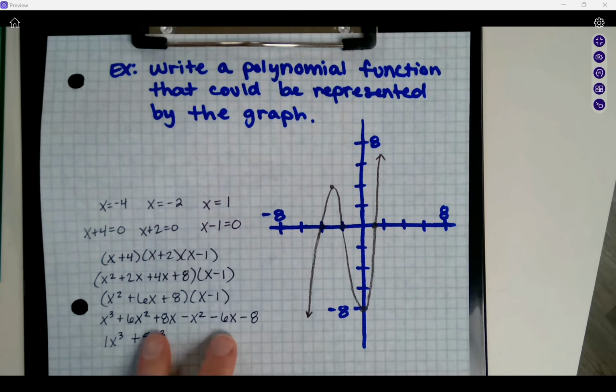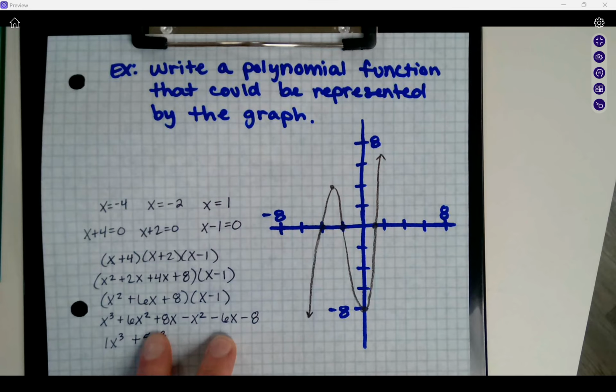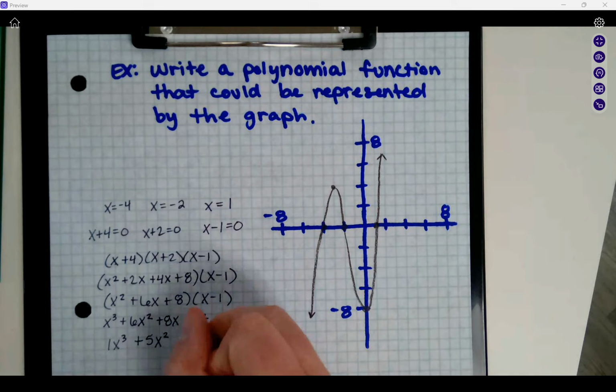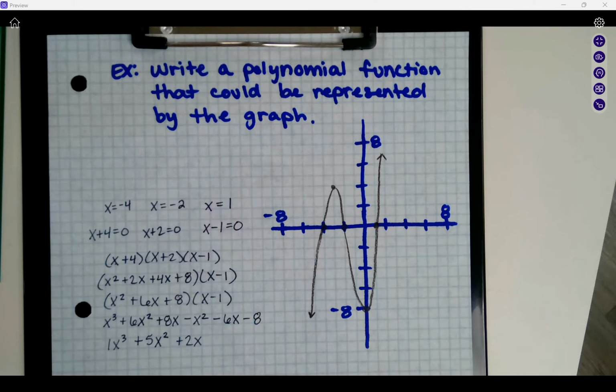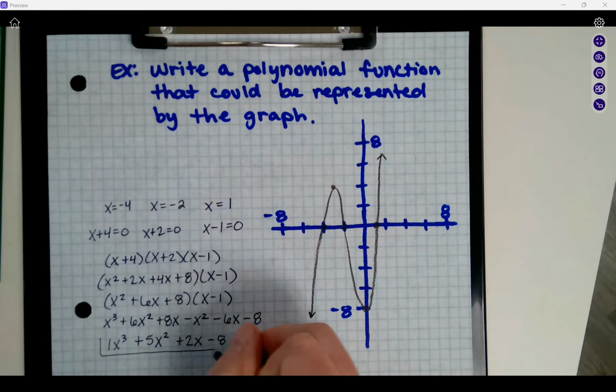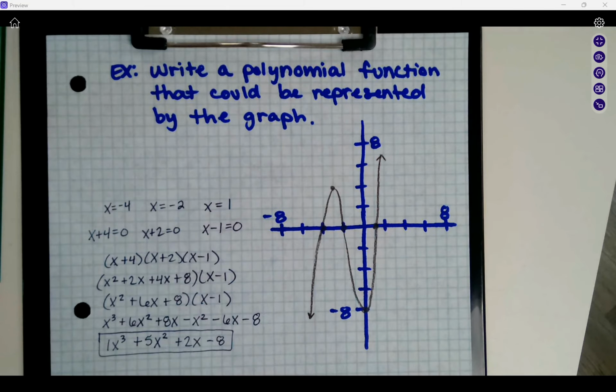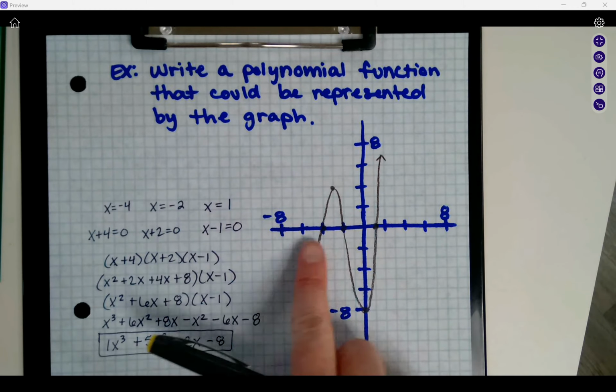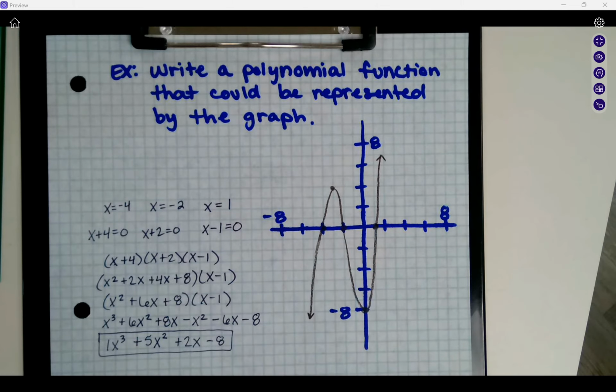I have two linear terms, positive 8x to the first power and negative 6x to the first power. When I combine those two, I end up with positive 2x. And last but not least, I have my constant. So here is just a polynomial that could have these given zeros that were graphed for us.